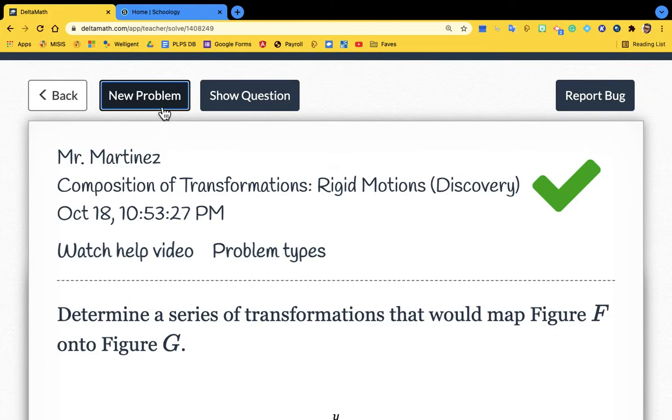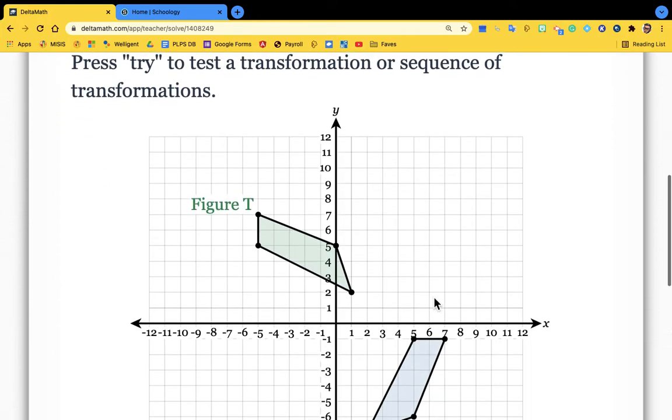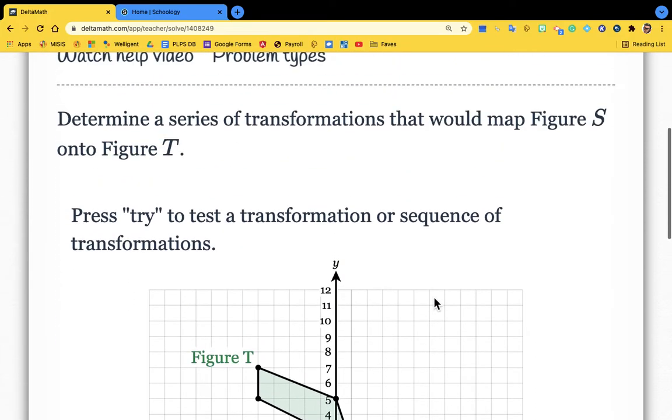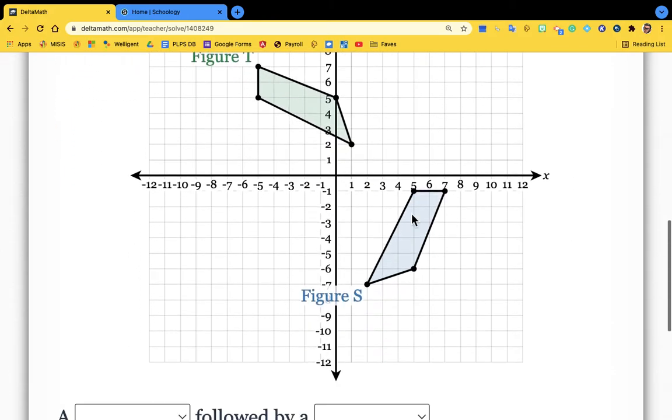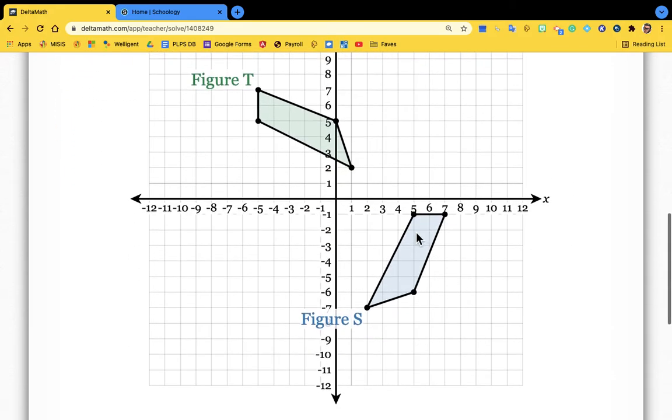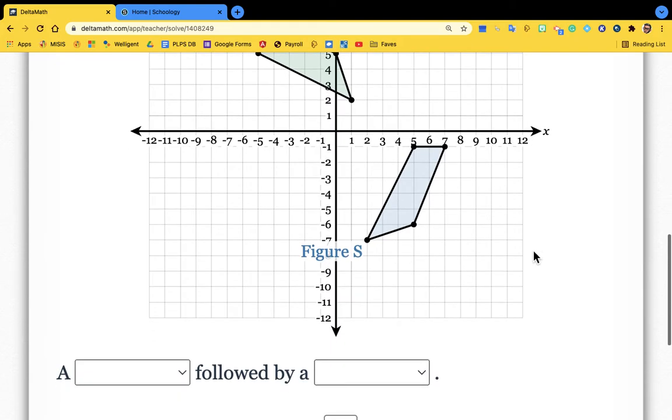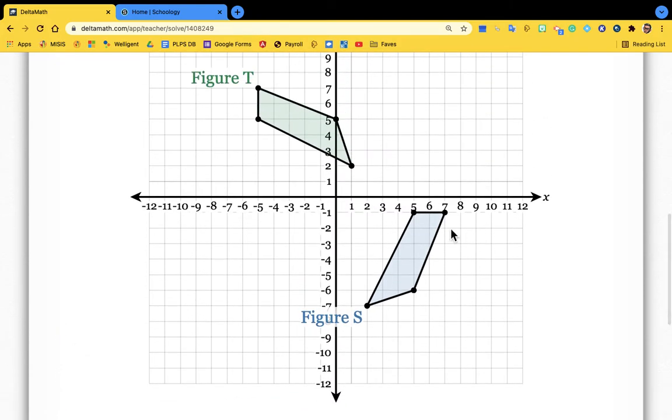So let's try another problem here. Determine the series of transformations that would map figure S onto figure T. So figure S is blue. I want to transform it to figure T. So let's see here, what am I going to do? I want it to move that way.